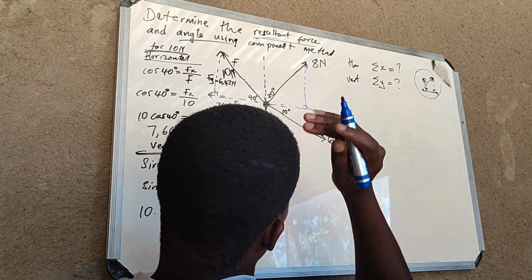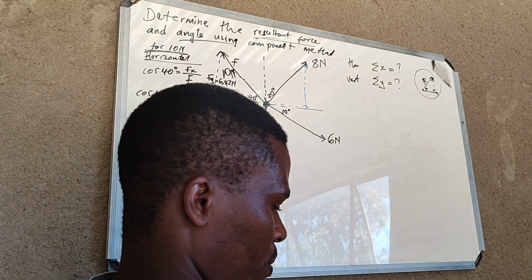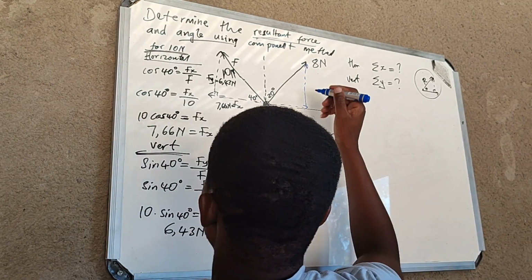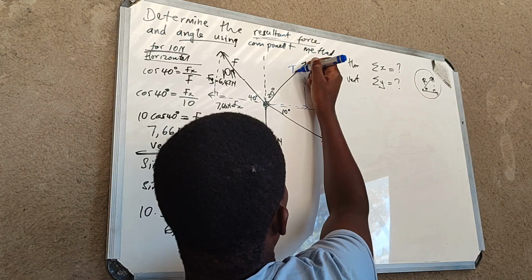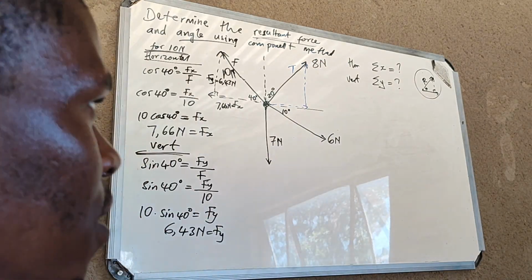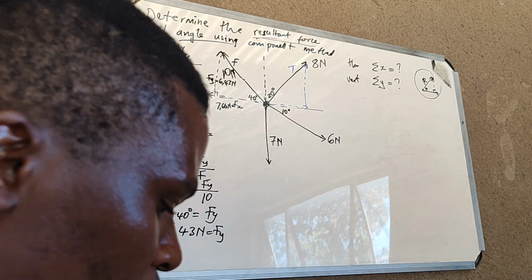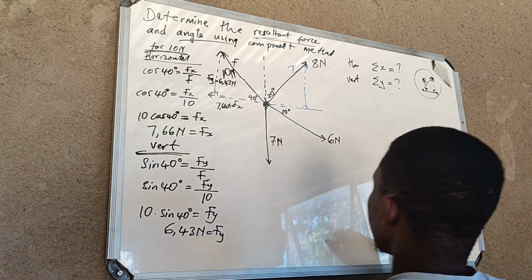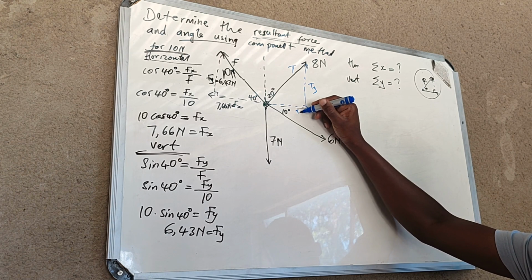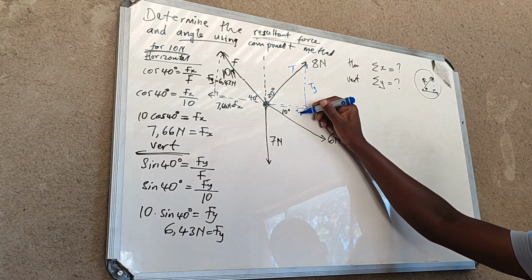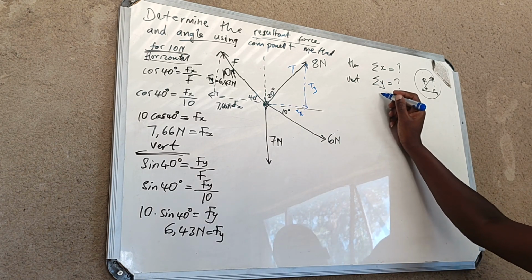So maybe we call this vector t, then let's see what we're going to get. This will be ty, this will be tx.